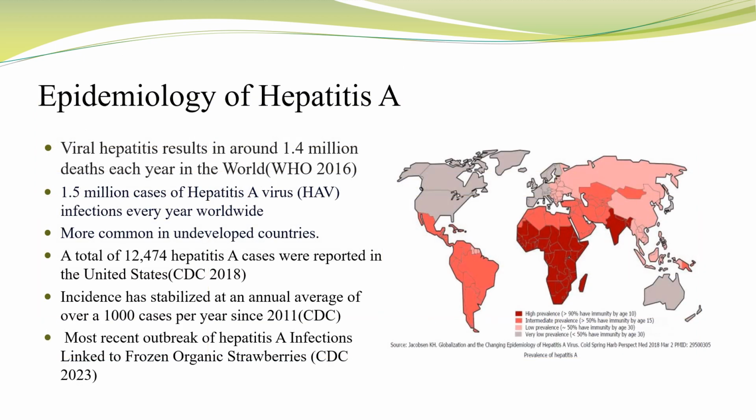Epidemiology of hepatitis A. Viral hepatitis results in around 1.4 million deaths each year, according to WHO. There are 1.5 million cases of hepatitis A virus infection every year worldwide, and it is more common in undeveloped countries. In the US, around 12,000 hepatitis A cases were reported per year.